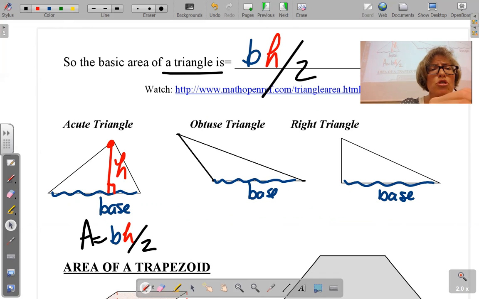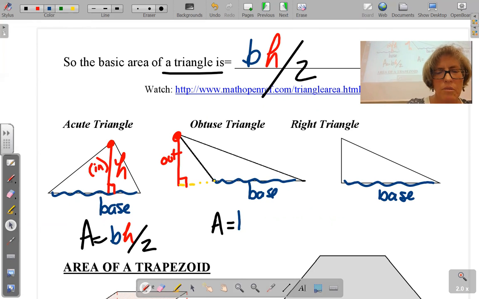In an obtuse triangle, if you put your pen right here, to get a right angle, the height is actually outside the triangle. Do you see that? So there's like an imaginary line stretched out. So in an acute triangle, the height is in. Obtuse triangle, the height is out. Same equation, area equals base times height over 2.